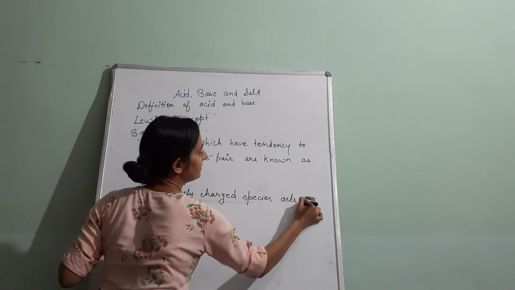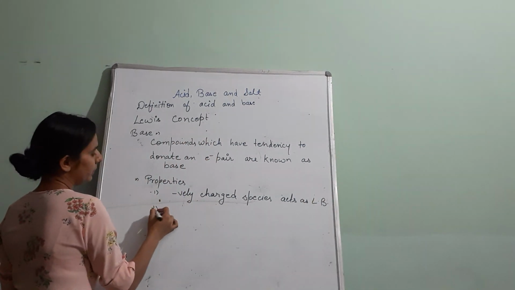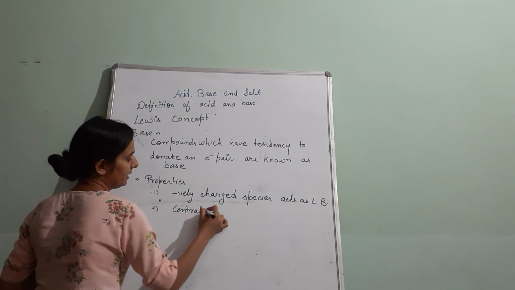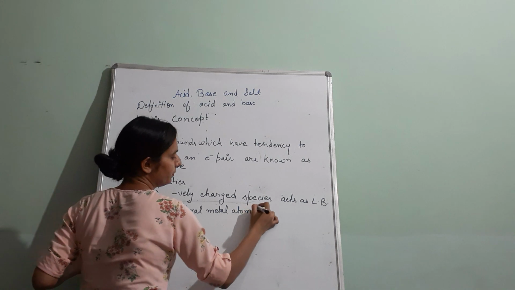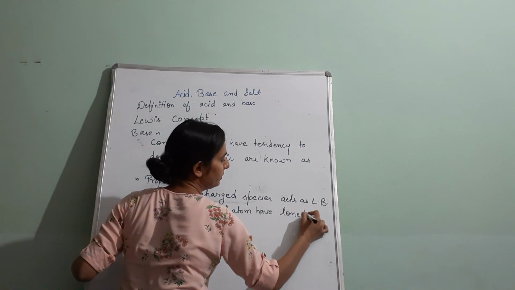Negatively charged species act as Lewis base. Second one, the central metal atom has a lone pair of electrons.